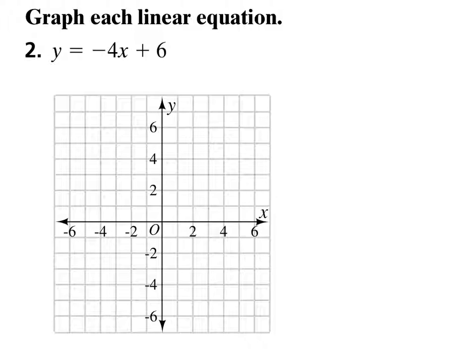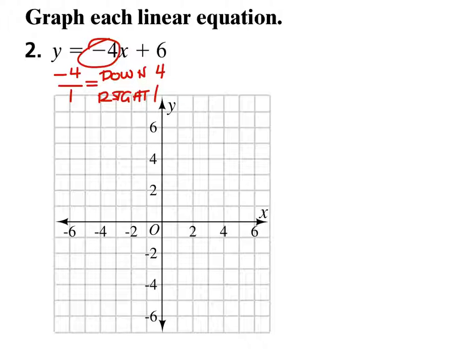Alright, on this one, you could make a table, which most people do. However, for me, I'm just going to identify what the slope is, and that is -4. I'm going to write it as -4 over 1, on purpose, because that tells us it has a rise of -4. That means it's going to go down 4, and that 1 is positive, so it will go to the right 1.